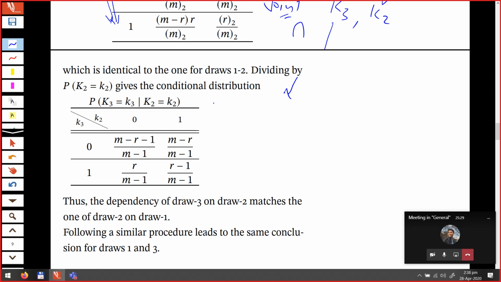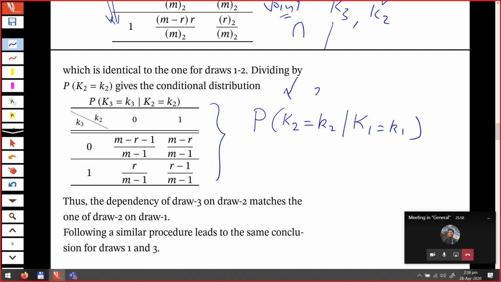If you look at this table, this is the dependency of the third row on the second row. This matches exactly with the table we had for, instead of going upward, I'll just write the formula, the table we had for the probabilities related to the second row, conditional on the events related to the first draw.